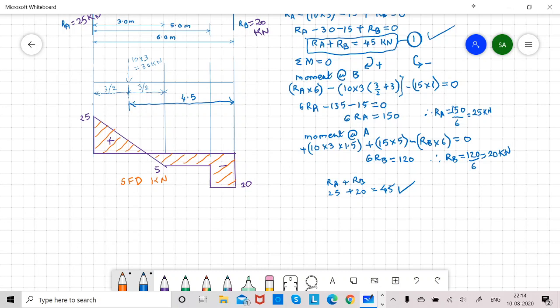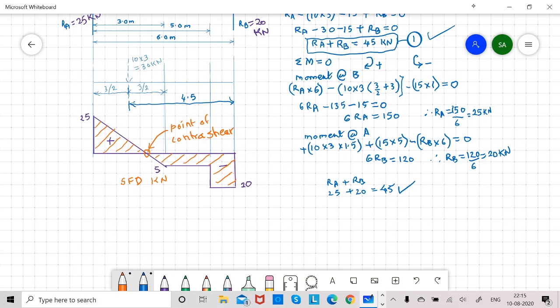Now note down this point. This is known as the point of contra shear. Contra means opposite.